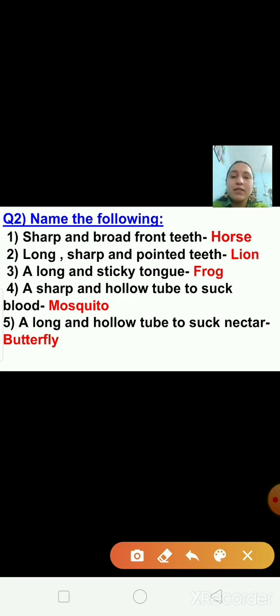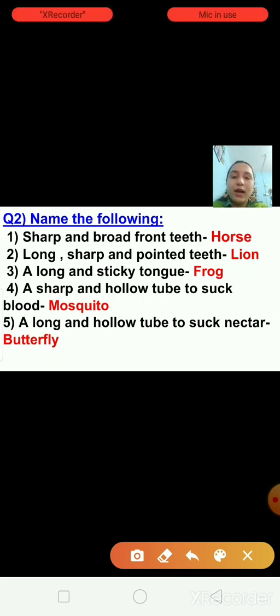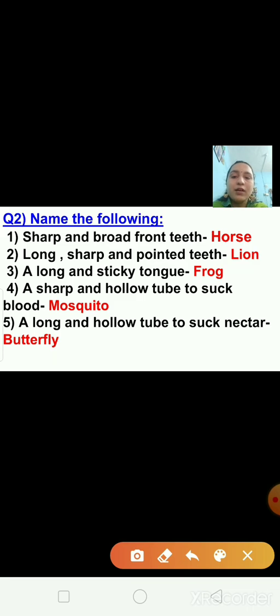So we can write any name of a herbivore. Here I have written horse. The right answer is horse, or you can write cow or buffalo also. They have sharp and broad front teeth.